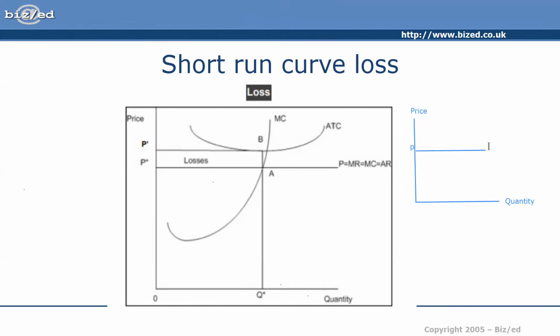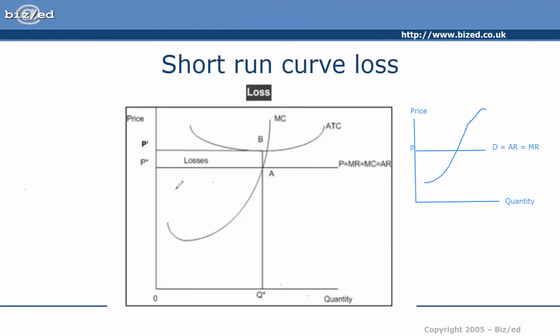And we know my demand curve is also equal to my average revenue and my marginal revenue. I'll draw my marginal cost curve now.